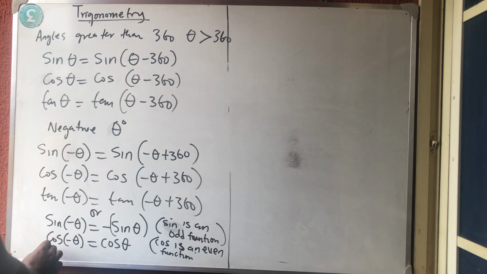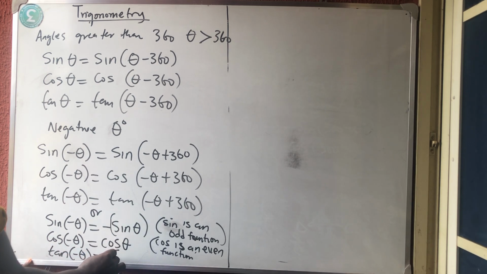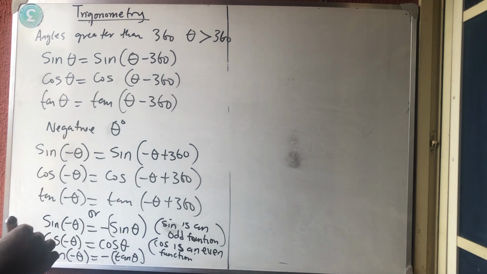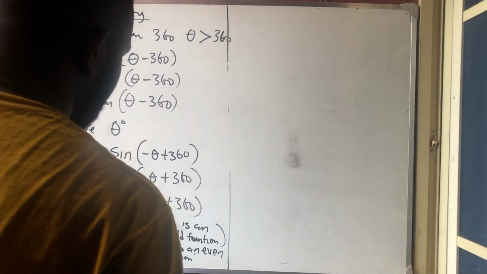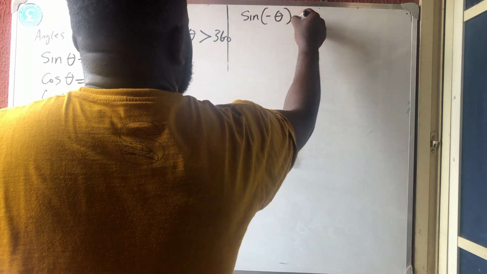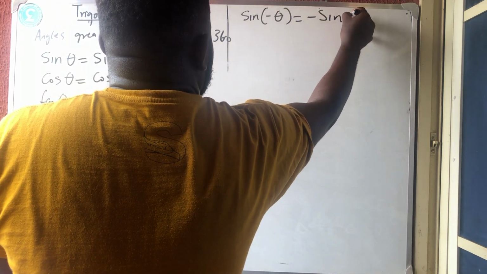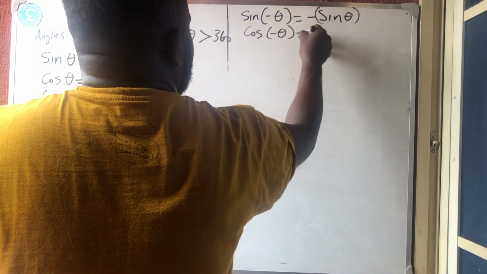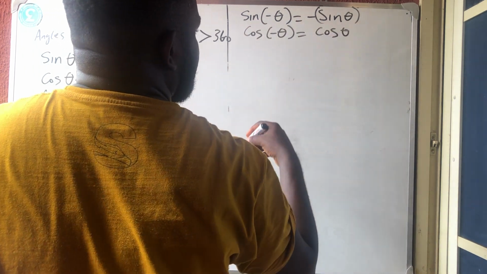So finally, tan minus theta is simply as saying bring out the minus outside the bracket, tan theta. Why? Because tan is equally an odd function. So let me write it here for you to know it very well. Sine minus theta is the same as minus sine theta. Cos minus theta is the same as just cos theta without putting minus.